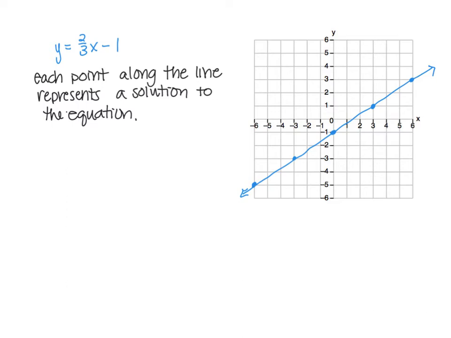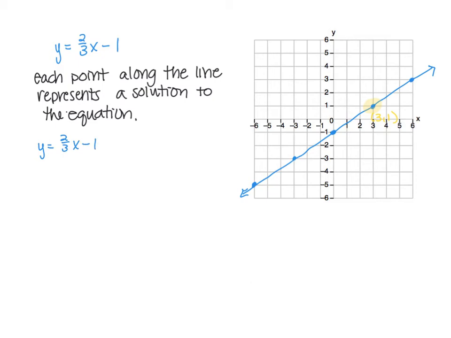So let's say I pick the ordered pair 3, 1. And let's plug it in for my x and my y in my equation. Now remember, my equation was y equals 2/3 x minus 1.